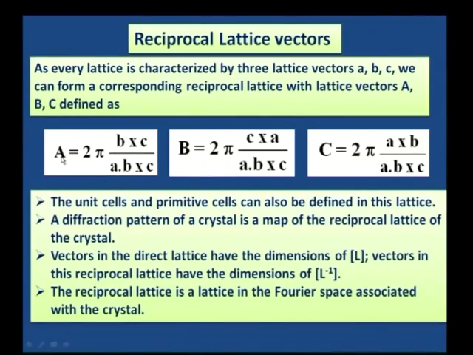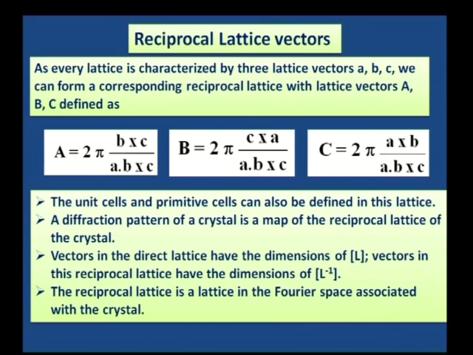The direction of A will be along b cross c, that means perpendicular to the plane of b and c, or capital A will be in the same direction as small a.